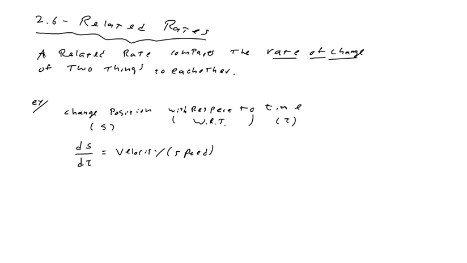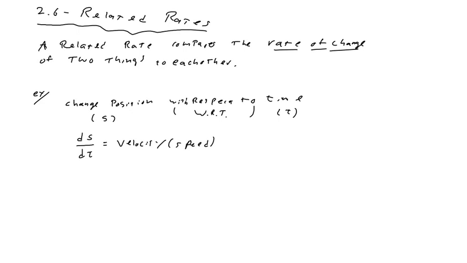So we see a connection here. We have some kind of rate of change, comparing a position with respect to time. So that's a related rate. Two things relate to each other: how one thing changes compared to how another thing changes. Change in position with respect to time, the derivative of which is velocity.